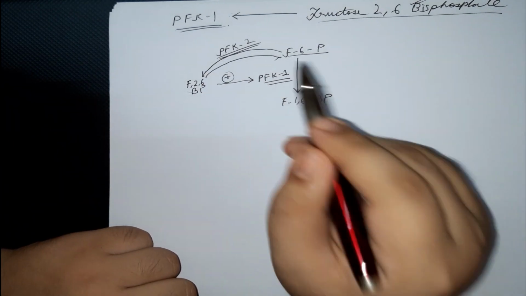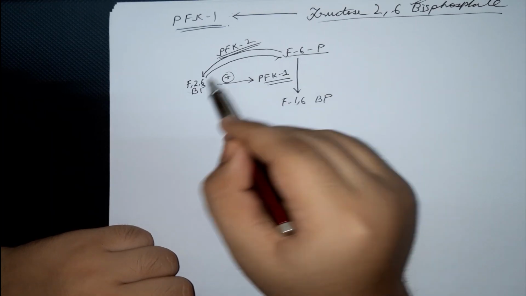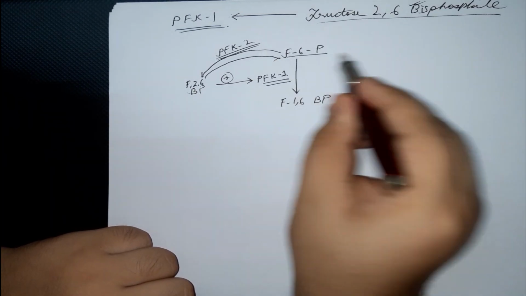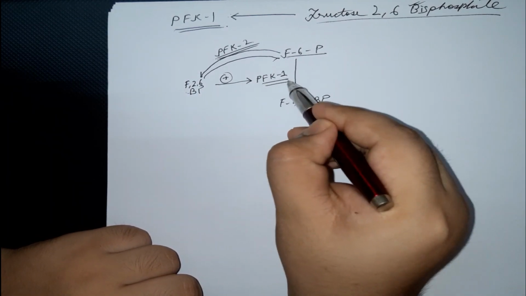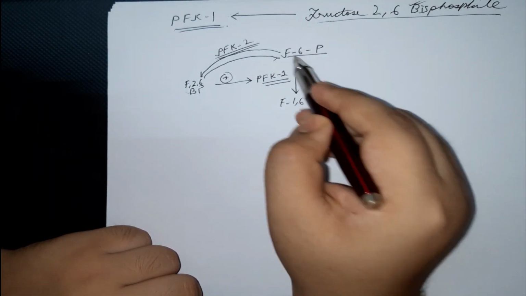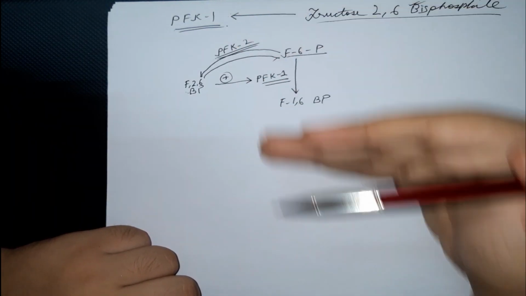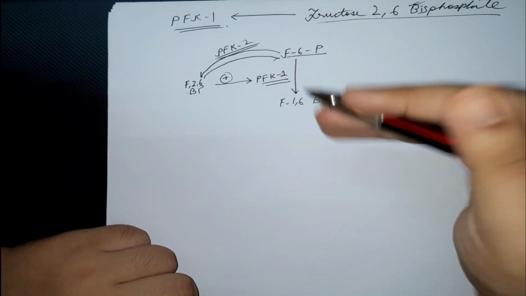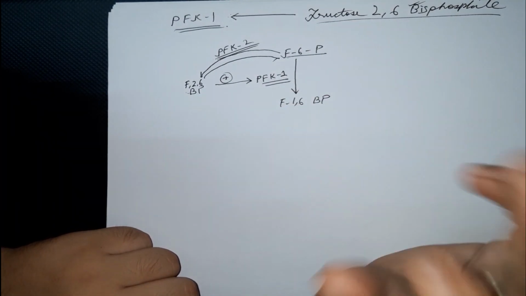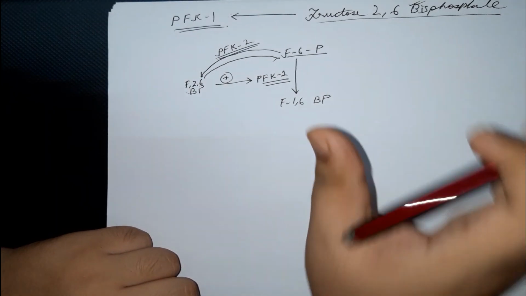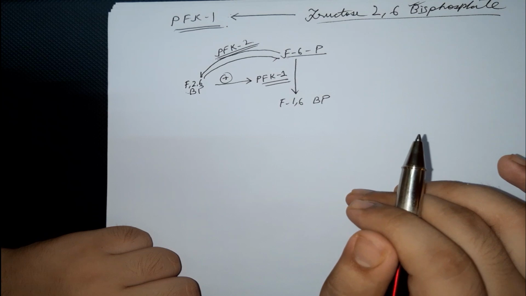So PFK2 is the enzyme which catalyzes the formation of fructose 2,6 bisphosphate from fructose 6 phosphate, hence positively inducing PFK1, so that the conversion of the other fructose 6 phosphate molecules to fructose 1,6 bisphosphate can be facilitated. Am I clear?